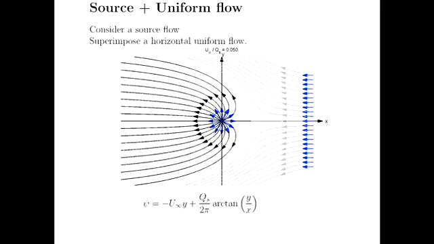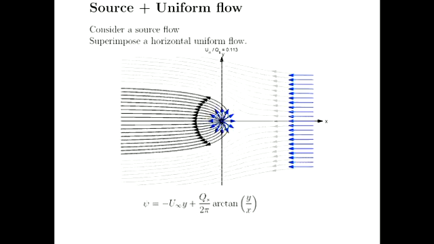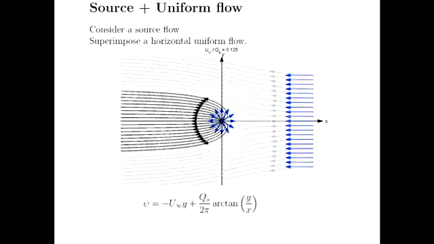And again, in this case, it comes down to the ratio between the strength of the two building block flows. That strength in this case being the magnitude of the uniform flow u infinity, and the strength of the source, which I'm calling qs, all right? And if that uniform flow was strong enough, we saw that the source was just swept downstream in the form of this plume, okay?